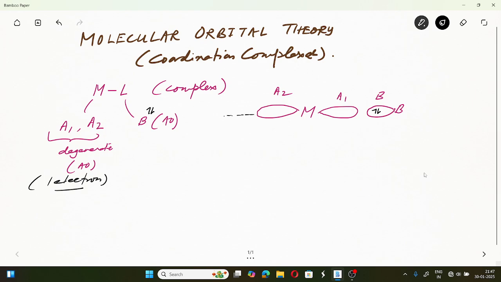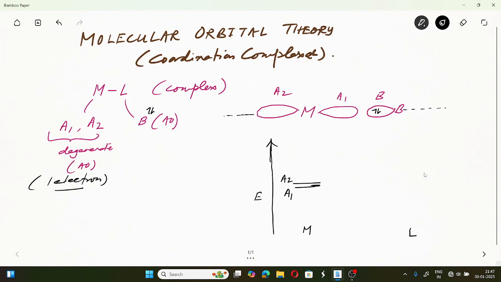So if we think in terms of molecular orbital theory, how should we proceed? See, if we consider this energy level, this is the metal and it has two degenerate set of orbitals A1 and A2. These are degenerate, they are of the same energy.